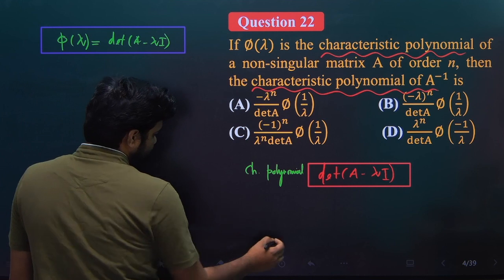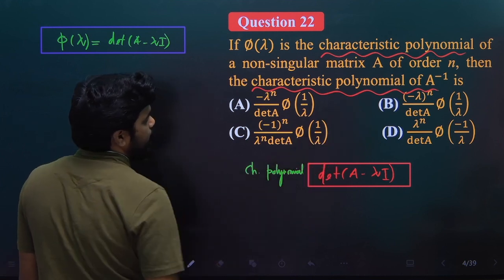So we have to find the characteristic polynomial of A inverse.